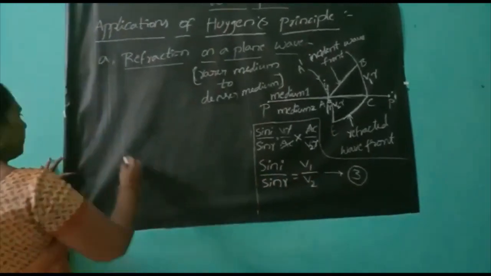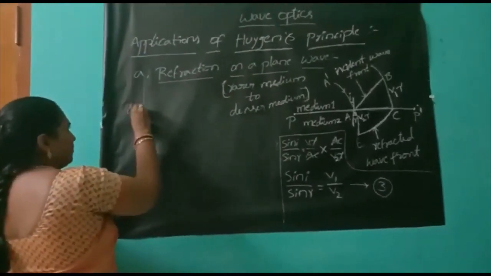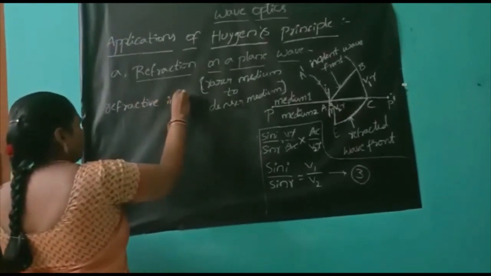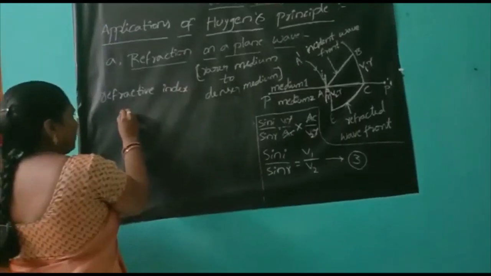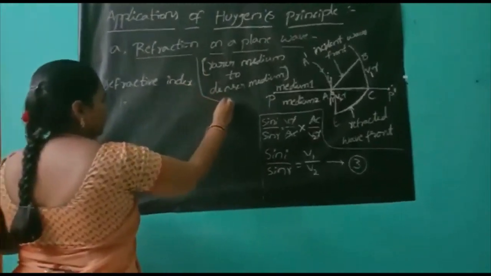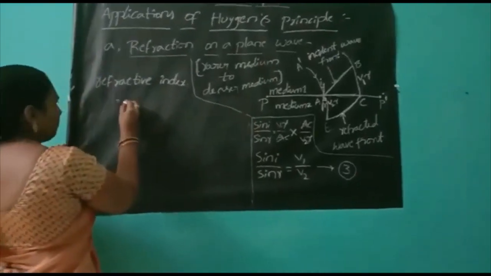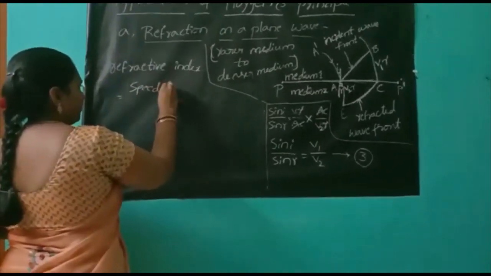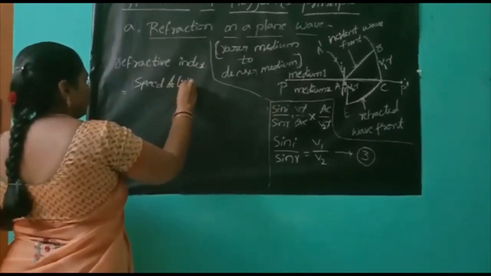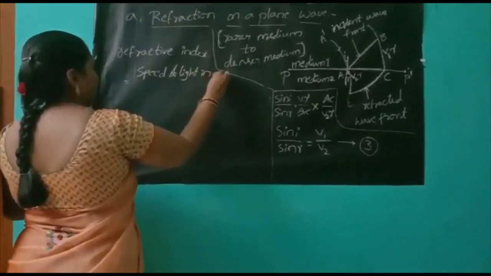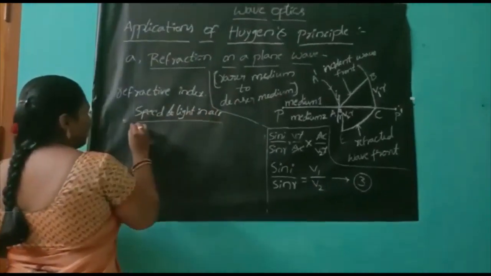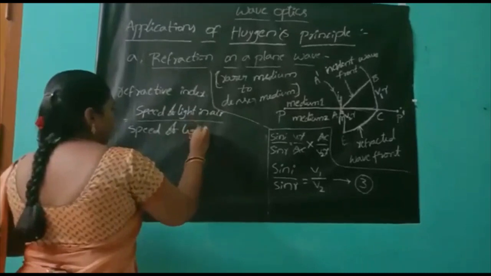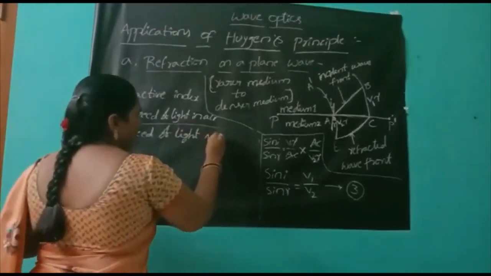We know that refractive index is equal to speed of light in air by speed of light in given medium.